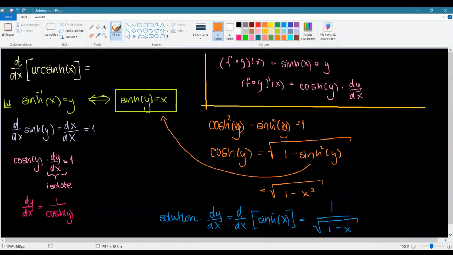That's important. You're adding to that side. I thought something looked wrong. Okay, plus x squared. And that is the derivative of the inverse hyperbolic sine function. That's not as complicated as you might think it would be. You just have to conceptually understand it. So I hope this helped.